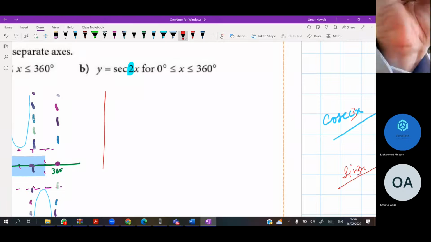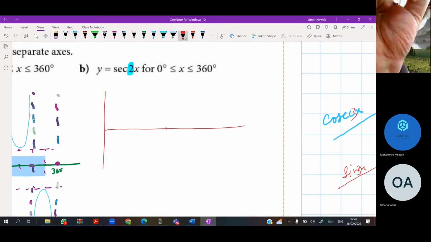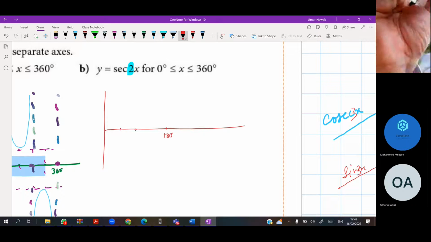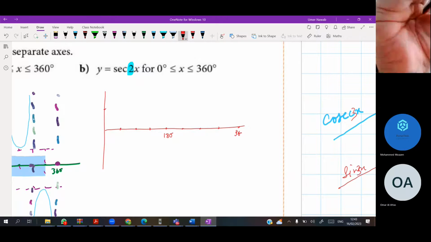Let's check it out. I'm going to draw the cosine graph. So half is 180. The period is 180. I need to divide it into how many parts? 4 parts. Until 360 again, how many parts? 4 parts. Clear? Okay. So this is the cosine graph. The maximum value is 1 and minimum is -1.